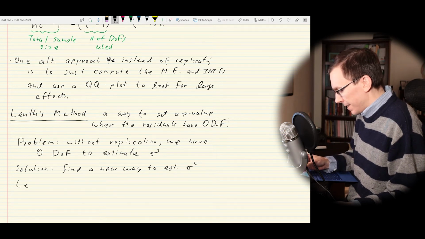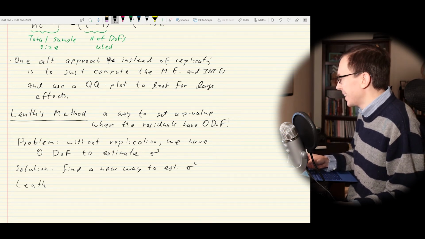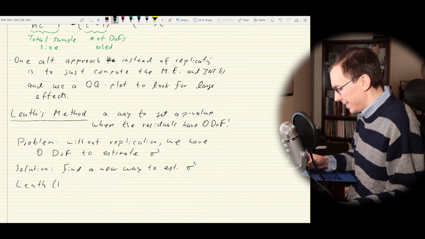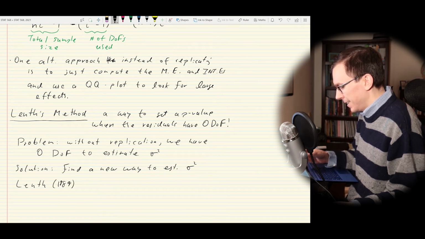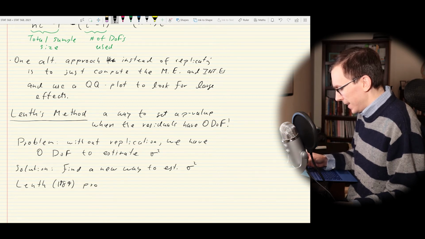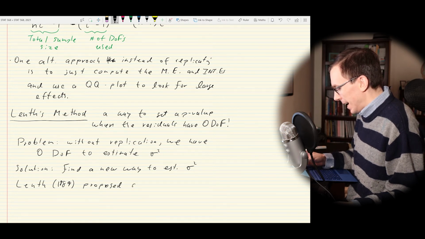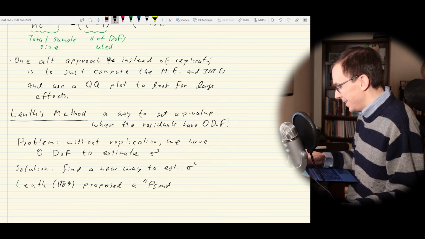So Lenth in, I think, 1989, getting old, proposed what's called a pseudo standard error.